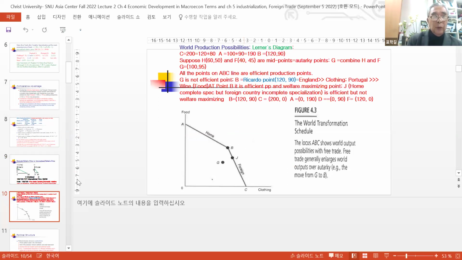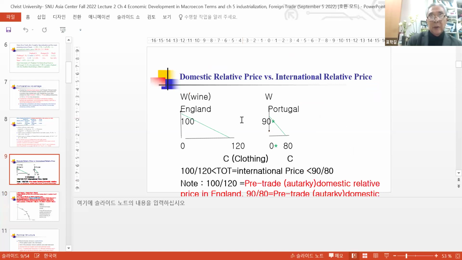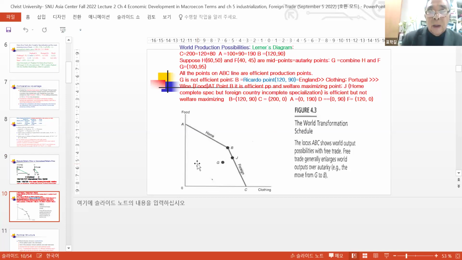If we combine England's production possibility curve with Portugal's production possibility curve, we come up with Lerner's diagram. And in Lerner's diagram, suppose there is a kind of world welfare maximizing point.